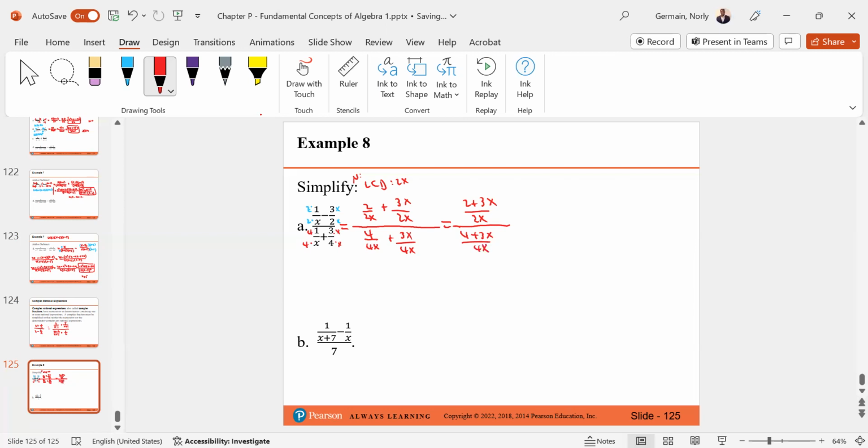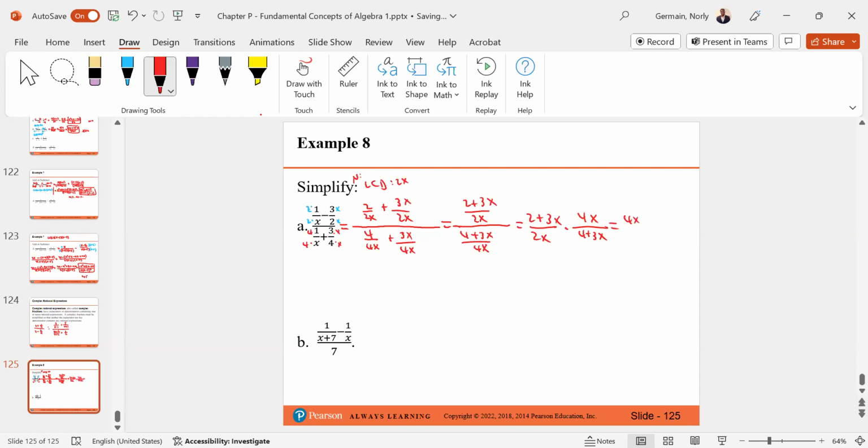Remember, now we have a fraction divided by another fraction. When you have a fraction divided by another fraction, all you do is keep the first fraction as is and multiply by the reciprocal of the second fraction. Now, remember, it's multiplication.